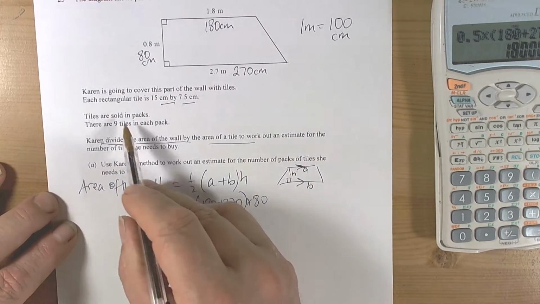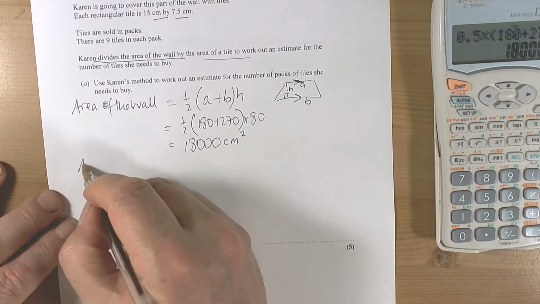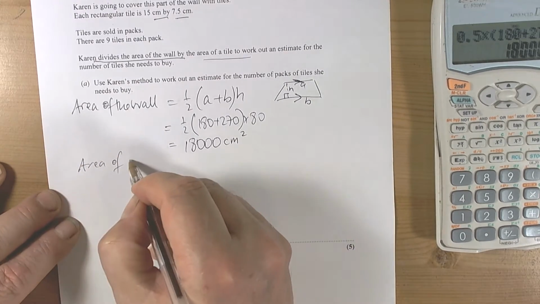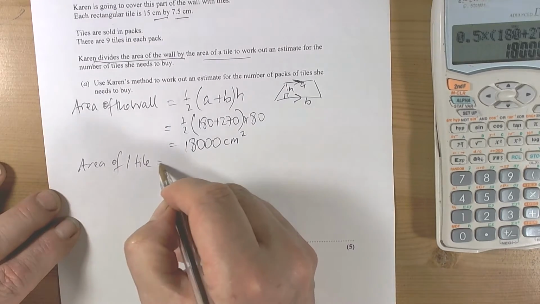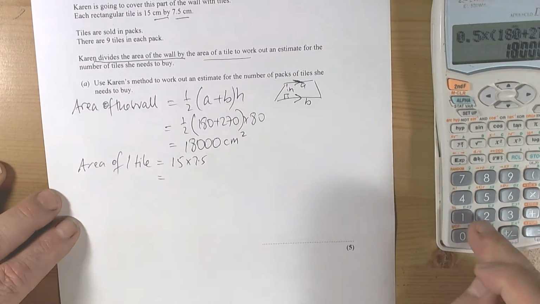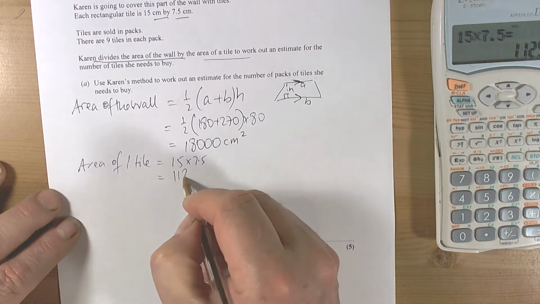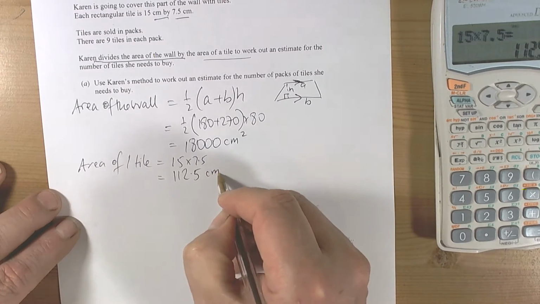And we've got rectangle tiles 15 by 7.5. So the area of one tile is equal to 15 times 7.5, so 112.5 square centimetres.